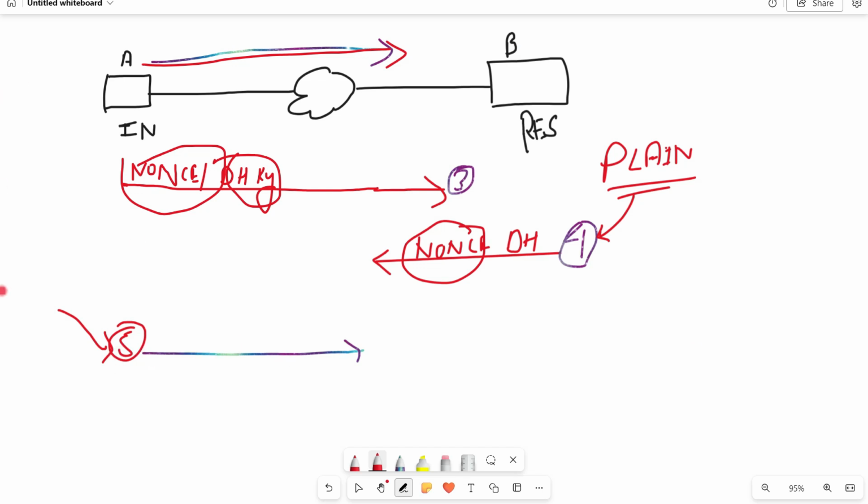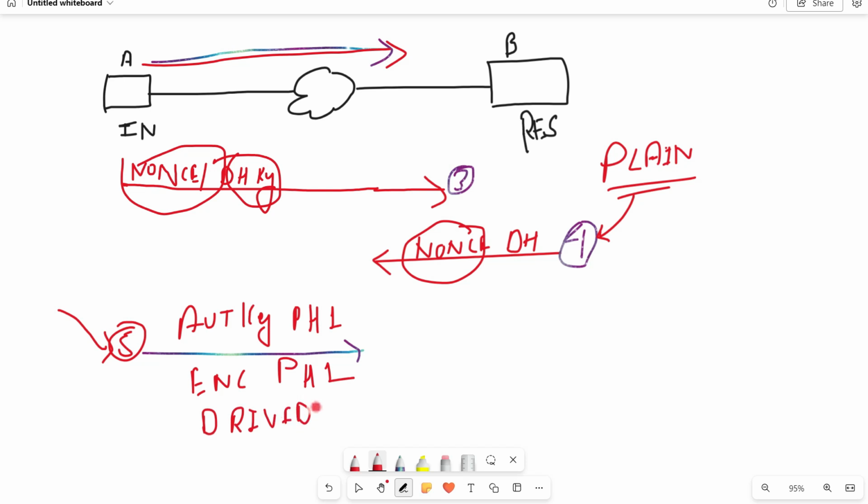And what will be the use of this shared secret key? This will be used as the authentication key for phase 1, the encryption key for phase 1, and the derived key for phase 2.